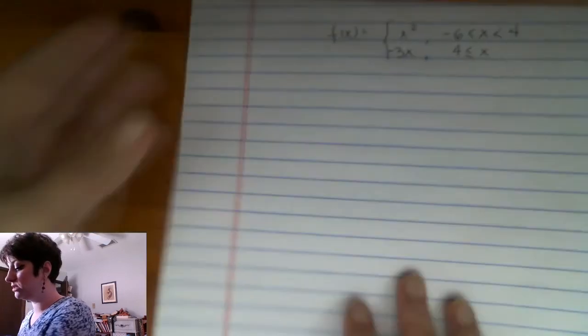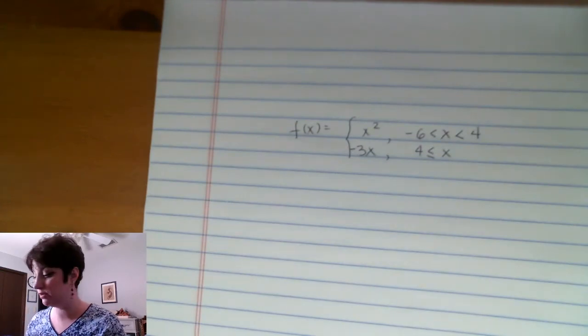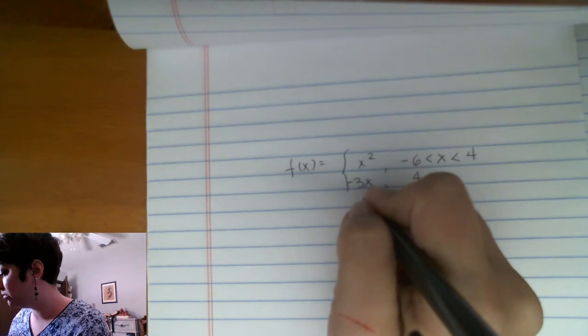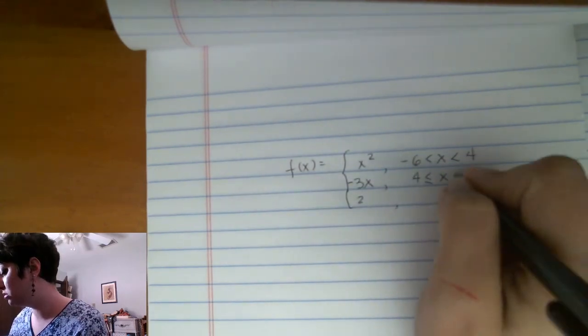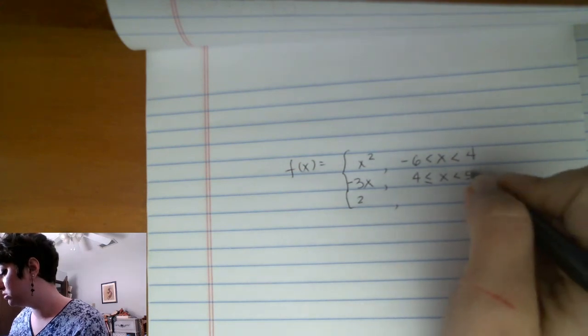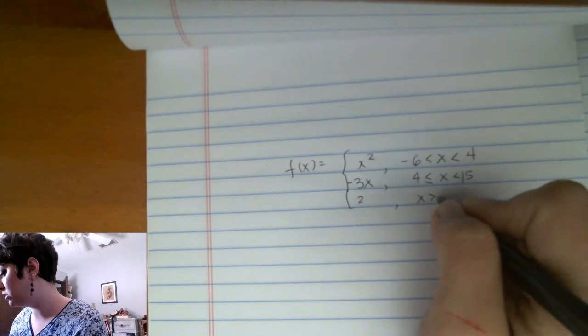So this is just me trying to give you an example that's not exactly the same as what we were doing. And let's add one more region. Let's add 2 for x greater than or equal to 15.